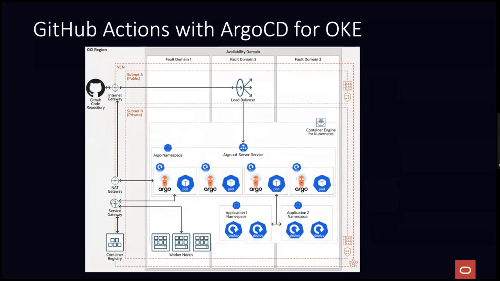Once you deploy Argo CD, you can see many pods deploying to OKE. The OKE load balancer connects with the Argo CD administrating console, and you can hit it directly as a user. We also have the GitHub repository, which connects directly with the container registry for the continuous integration pipeline. Next, I'm going to give a demo.